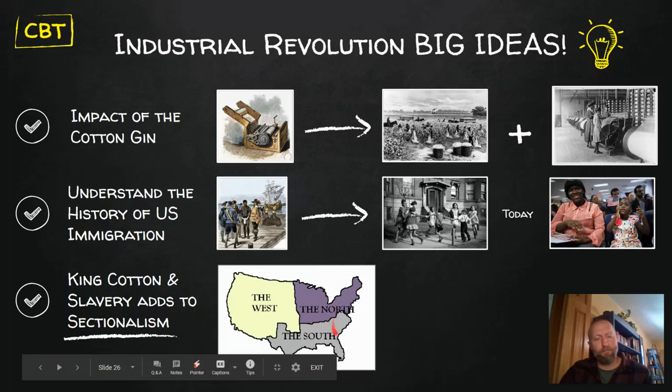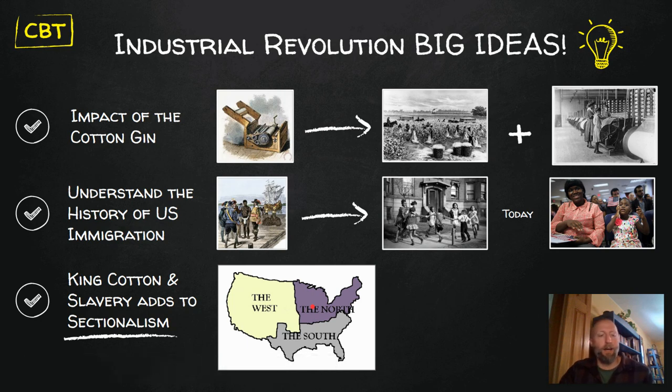And these three areas are battling money, economy, freedom, strength of the government. All of these different ideas are interwound within sectionalism, and eventually it's going to lead us to the Civil War. So some big ideas to talk about in the Industrial Revolution in this part of the unit.